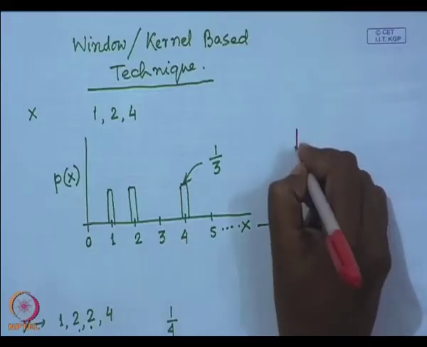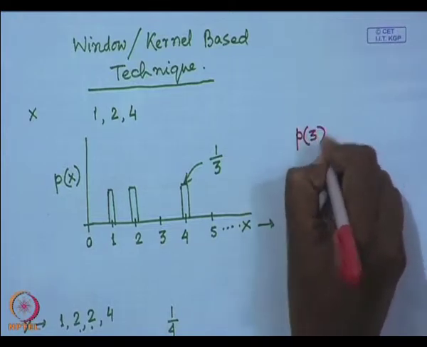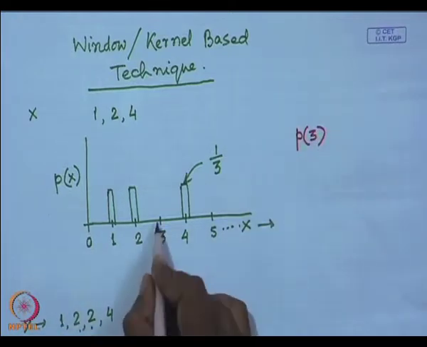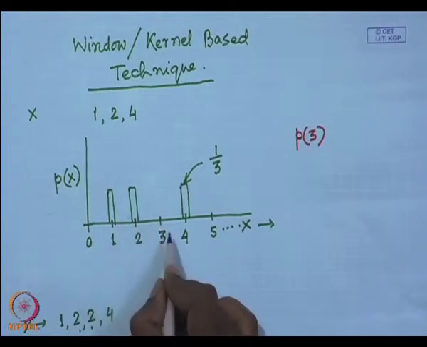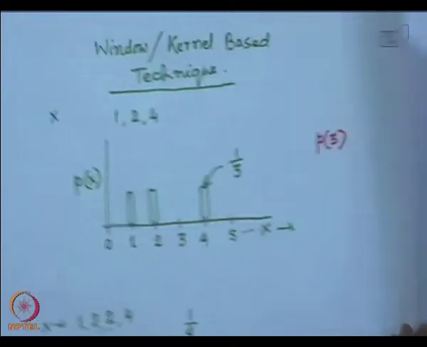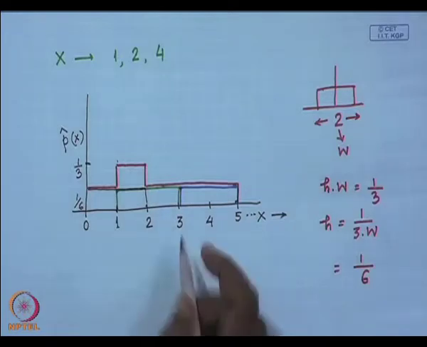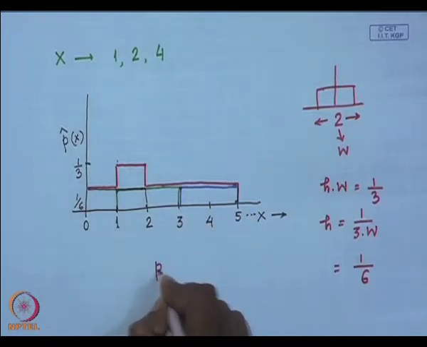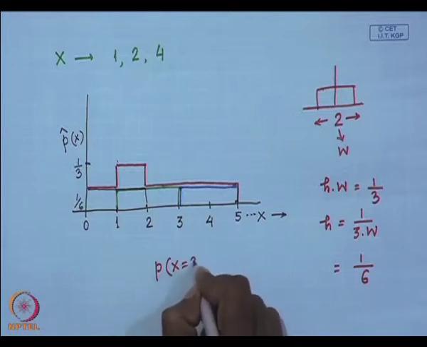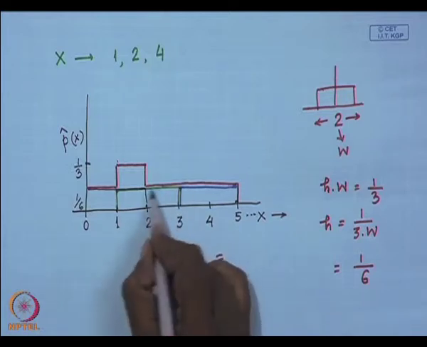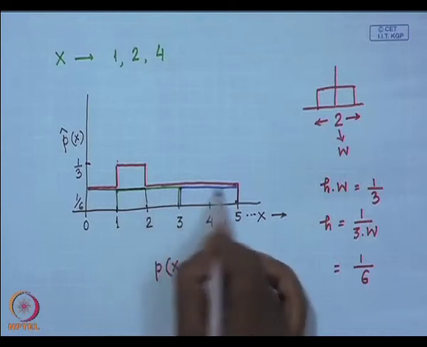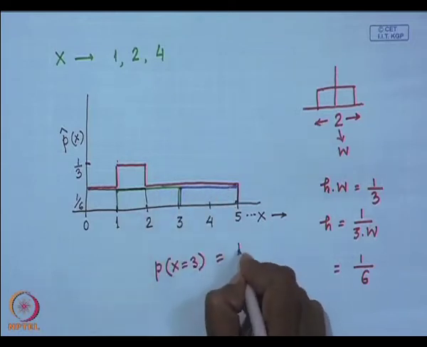Say for example, if I want to estimate P of 3, there it will give P of 3 equal to 0, because the delta functions do not span up to x equal to 3. But in this case, when I use a window function or a kernel function, I can say that P of x equal to 3 will be the height of this probability density curve, which is equal to 1 upon 6.